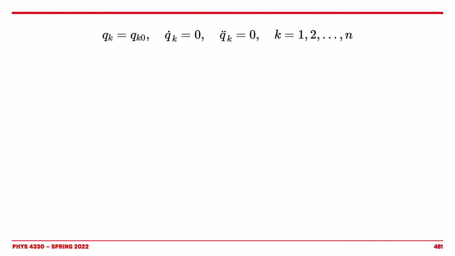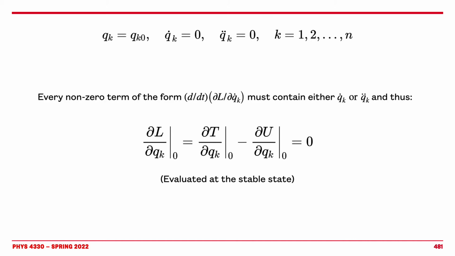We know that all the non-zero terms of the time derivative of the derivative of the Lagrangian with respect to the generalized velocity will contain only either the velocity or the acceleration. That's the usual trick that we use in Lagrangian mechanics.